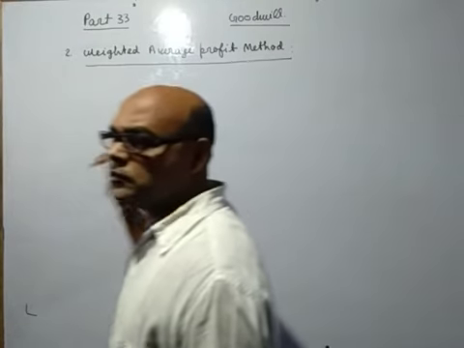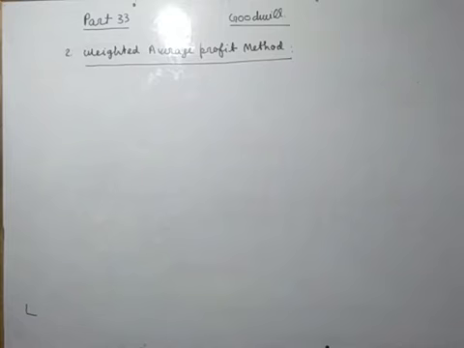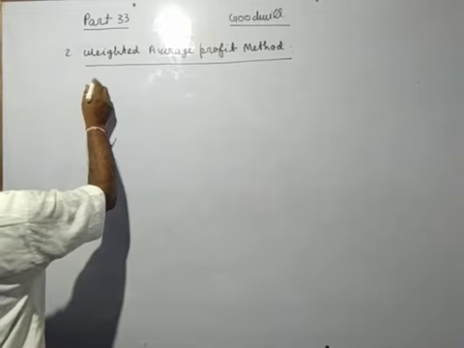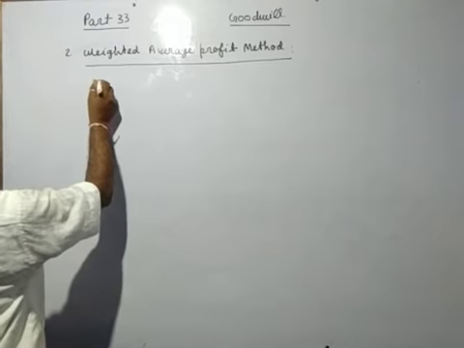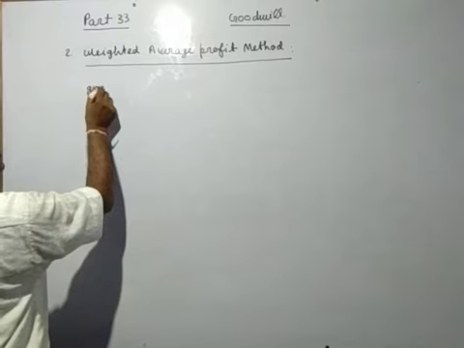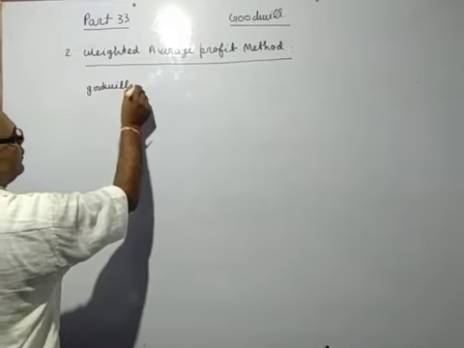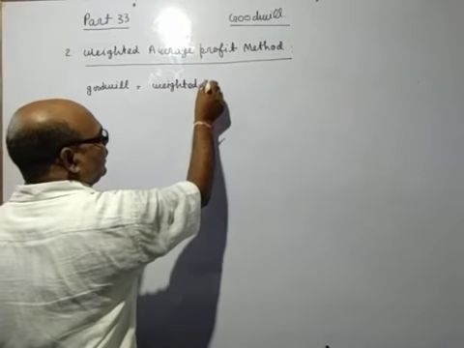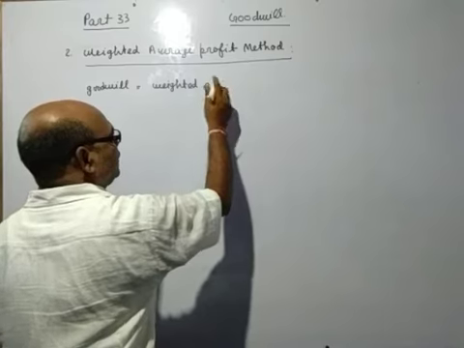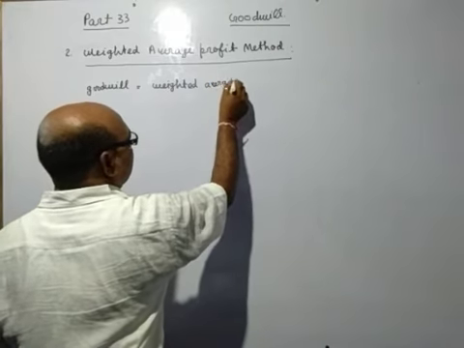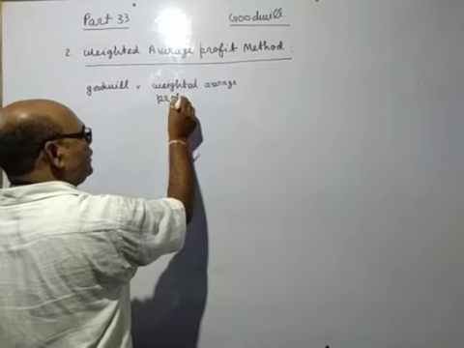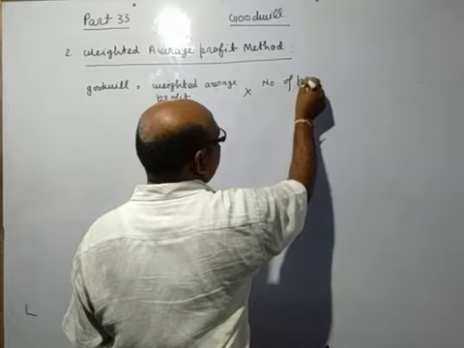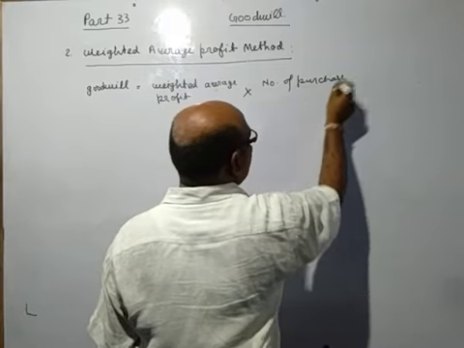How will you calculate the goodwill by the weighted average profit method? In this method, first you will learn the formula: goodwill equals weighted average profit into number of purchase years.